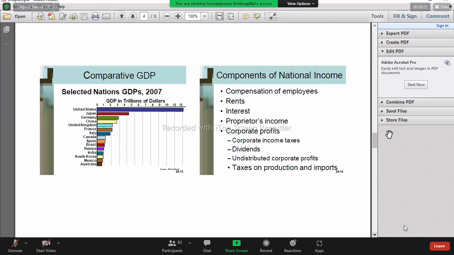And taxes on production and imports we should also include in the national income.